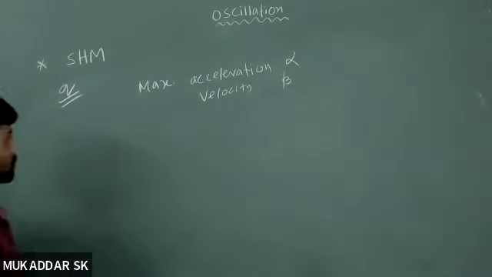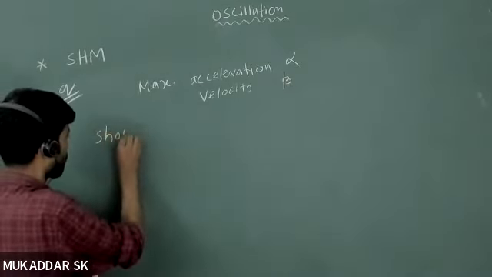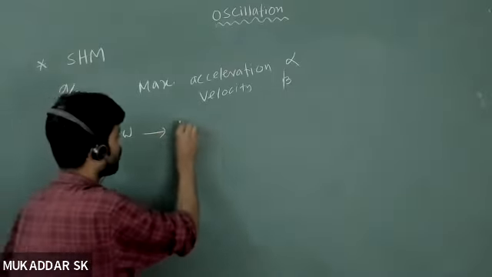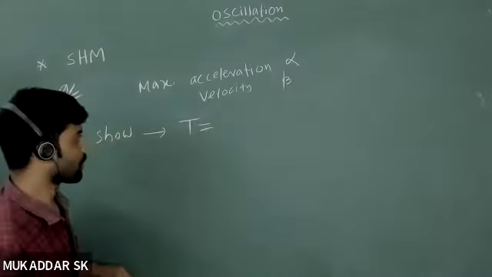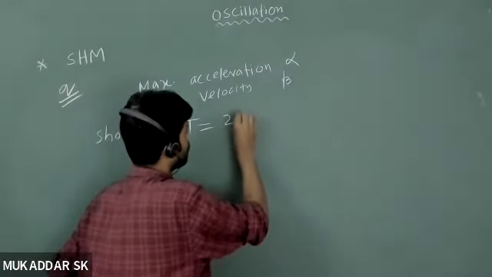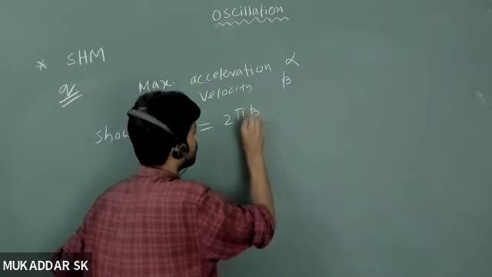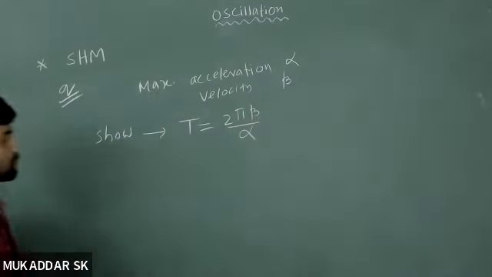You have to prove or show that the time period of oscillation will be 2 pi beta by alpha.